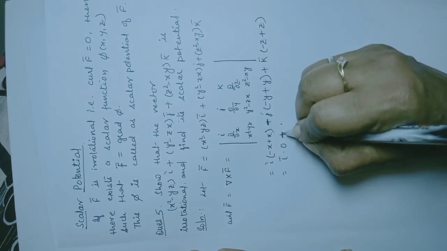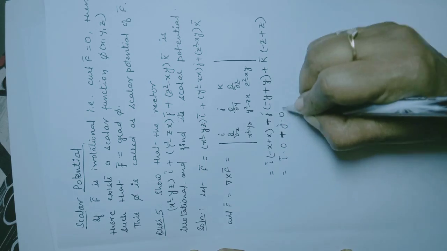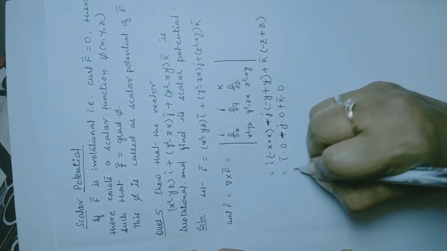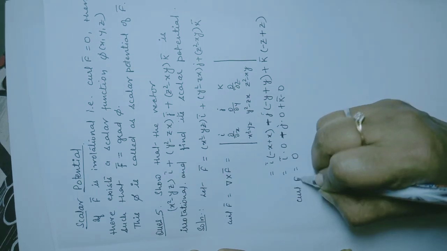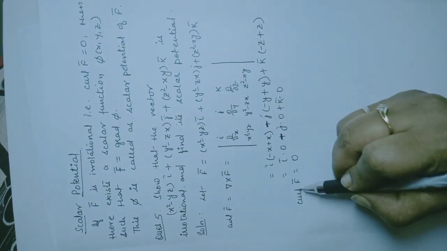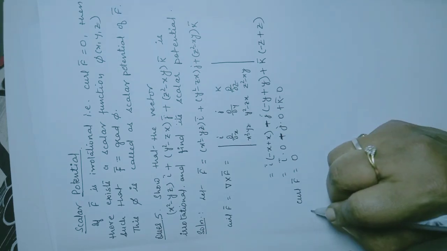So this gives you i into 0 minus j into 0 plus k into 0, that is curl f, the curl of this vector, is equal to 0.